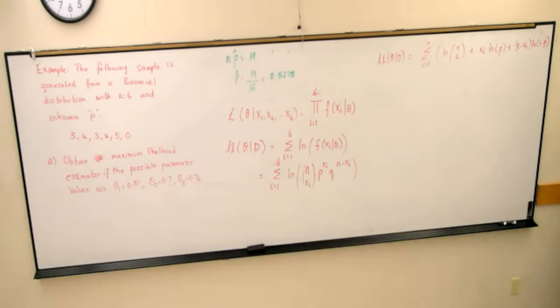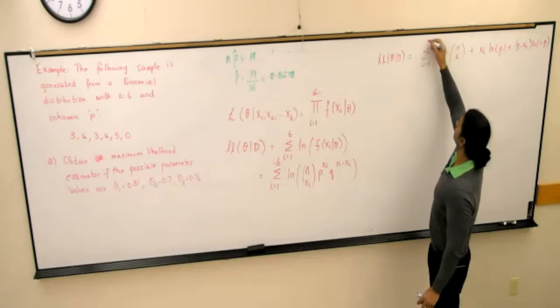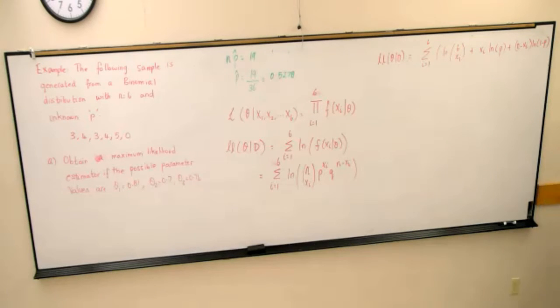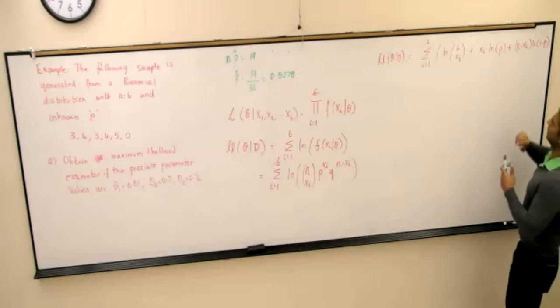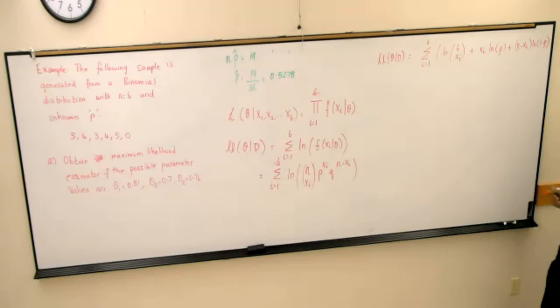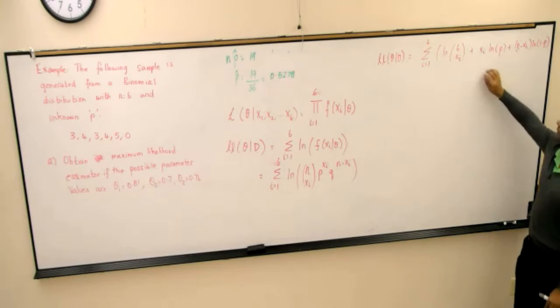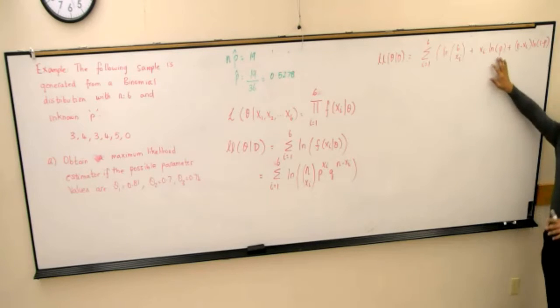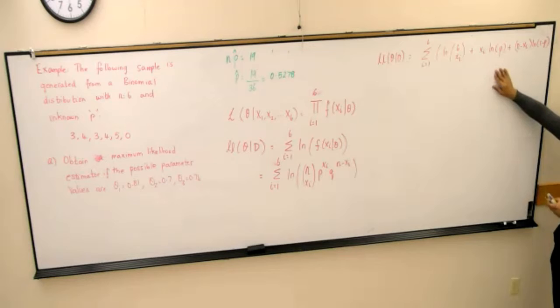Now p once again is simply theta, so I can write it as theta. And this first term is a positive quantity. We are trying to find the maximum likelihood estimator based on the data and the parameter value.